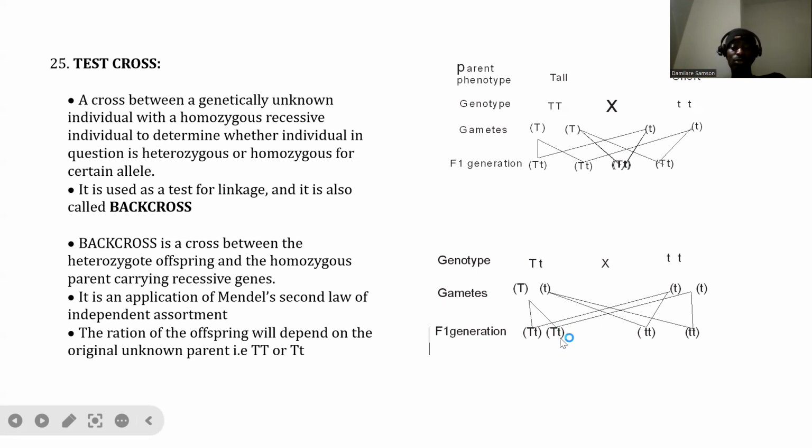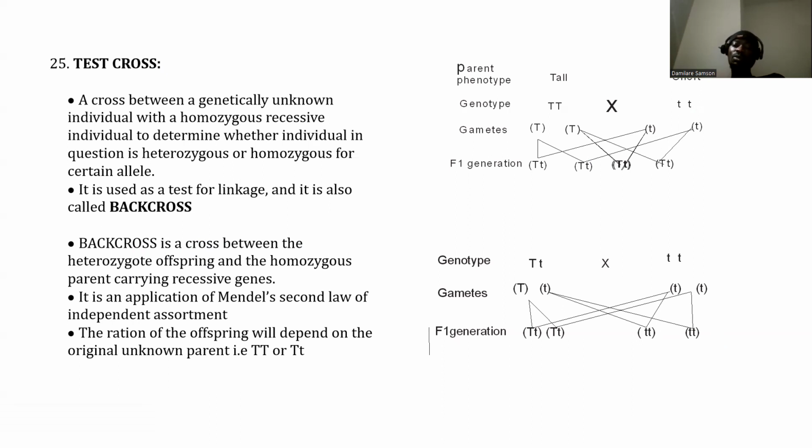Two heterozygous tall, and two homozygous short. That is always the result in a test cross, because you are crossing a genetically unknown individual with a homozygous recessive.